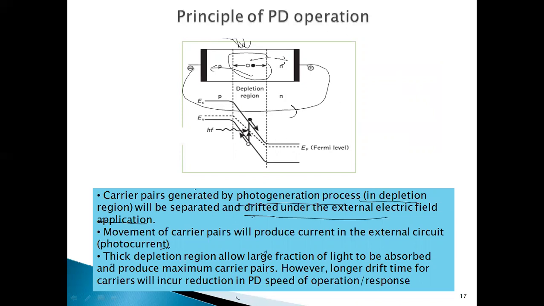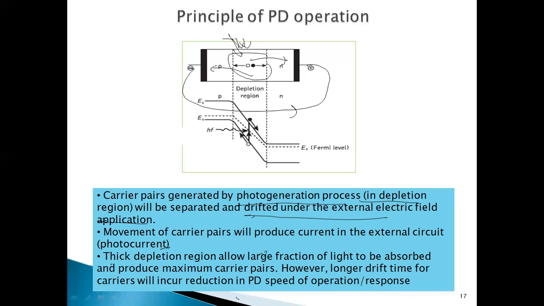But one thing to be considered is that we prefer to have a very wide, thick depletion region, because the light incidence will happen at this depletion region, and the carrier pairs will be generated in this depletion region. So we need a thick depletion region so that more carrier pairs can be generated.